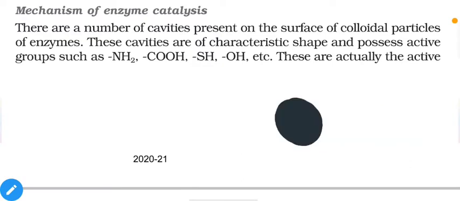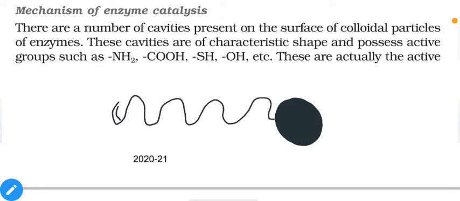Now if particles are larger in size than the wavelength of our visible light, then these waves have to interact with the particle, and because of this interaction, they will either change their direction or maybe bounce back, that means reflect.